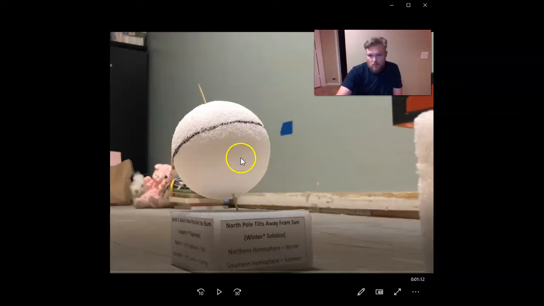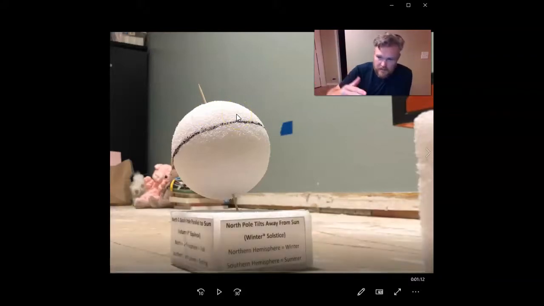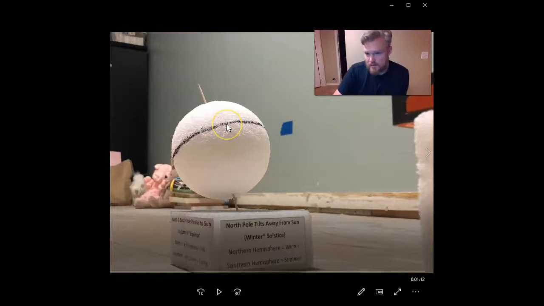So when we're in that winter solstice, the sun is directly over the Tropic of Capricorn, and then when we're in the summer solstice for us, the sun is directly over the Tropic of Cancer. So it's basically like the northern equator and the southern equator, on both sides of the equator.